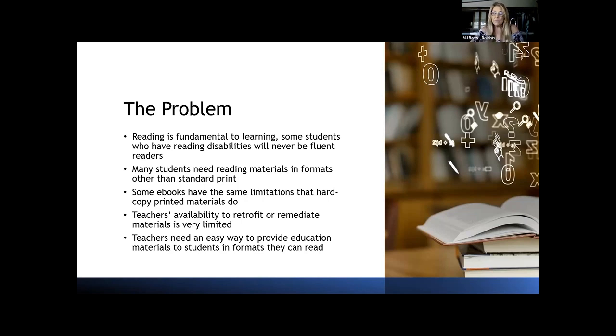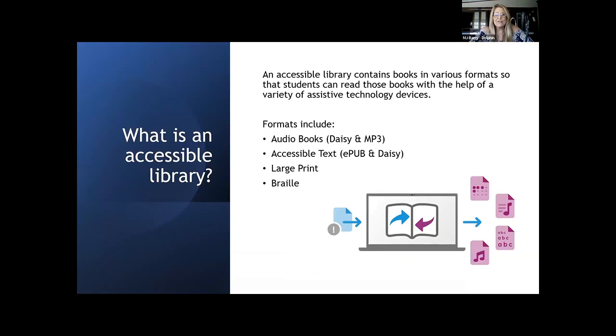And EasyReader is a tool that is the bridge to the student to actually being able to access those books. So what is an accessible library? We just went through that, but some of the formats: audiobooks, accessible text like EPUB and Daisy, large print, and Braille.